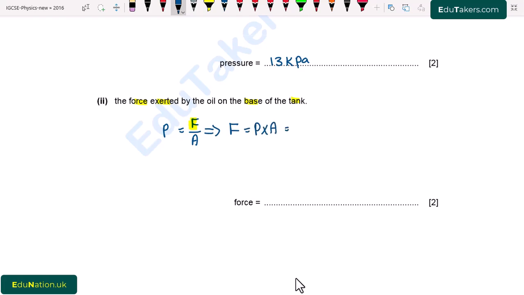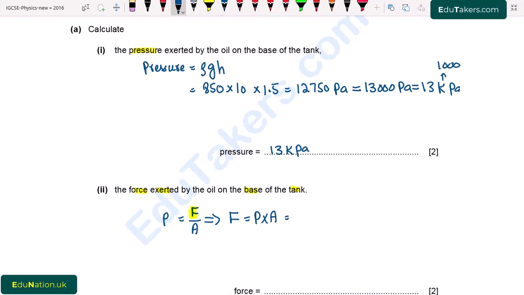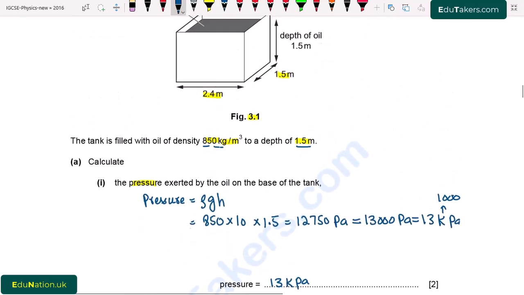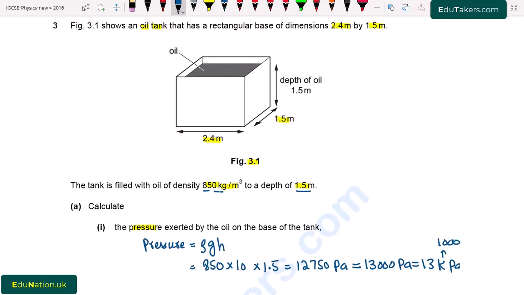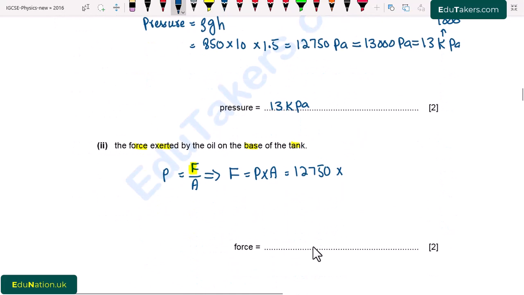where we found the pressure in part 1 and it is equal to 12,750, multiplied by area. In the start of this question, it is given that the dimension is 2.4 meter by 1.5 meter. So the area will be 2.4 multiplied by 1.5.